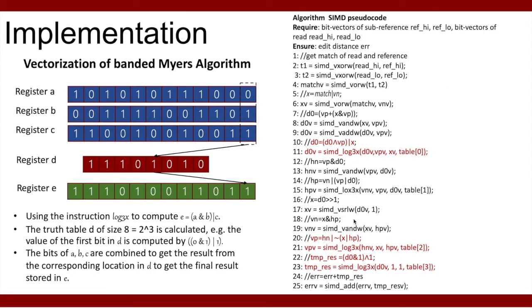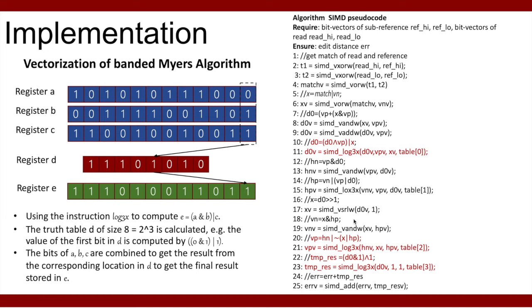Actual implementation requires a number of bitwise logical operations. A reconfigurable ternary logical instruction log3x is provided by SunWay. Log3x can replace a logical operation of 3 operands by a single reconfigurable ternary logical instruction. The left part is an example of log3x.